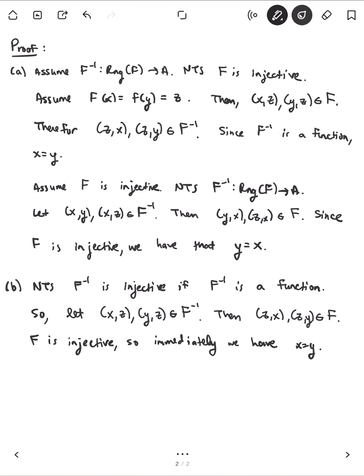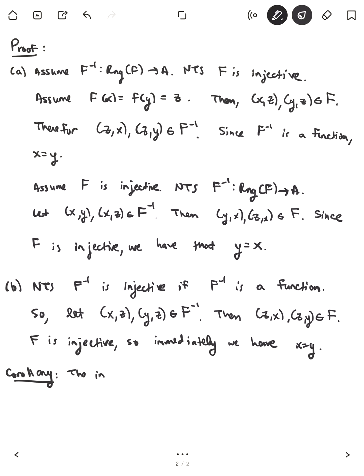So that finishes that proof. So sorry for the little hiccup there. So basically what this tells you is that for a function to have an inverse that is a function itself, you just make sure the function is injective. Okay, so here's a nice little corollary.